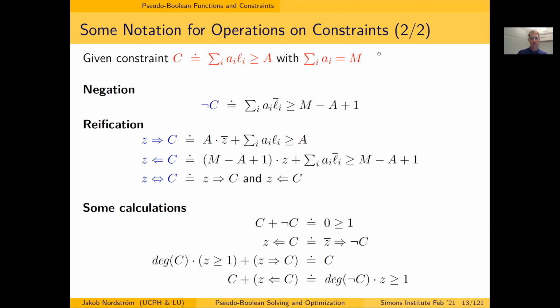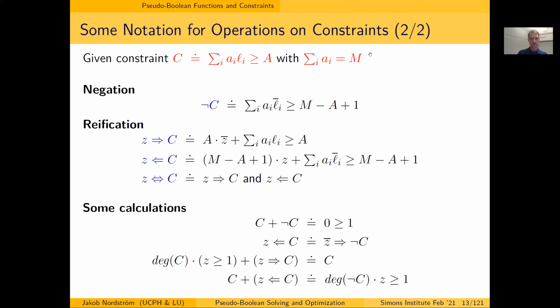And if you just take a minute offline, you can verify that indeed these constraints mean what the notation suggests that they should mean. In fact, you can do the calculation that if I take any constraint C and not C and add them up, then I get contradiction, which is saying what we know, namely that both constraints cannot be true simultaneously.